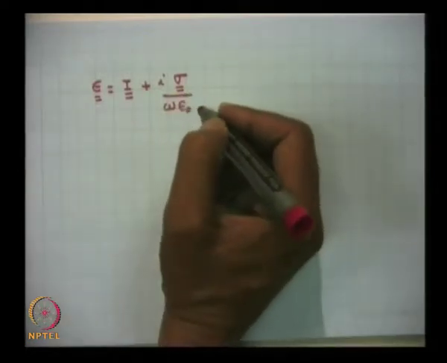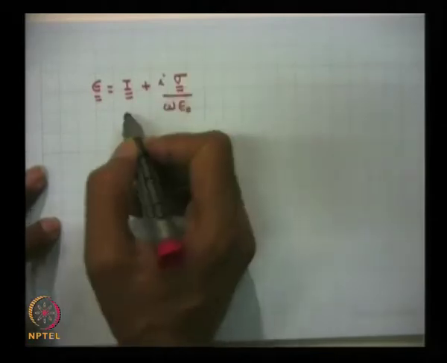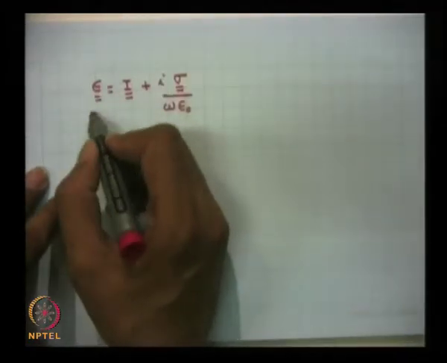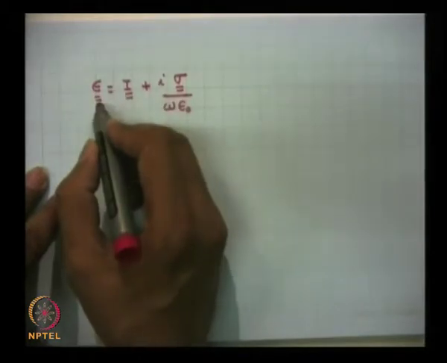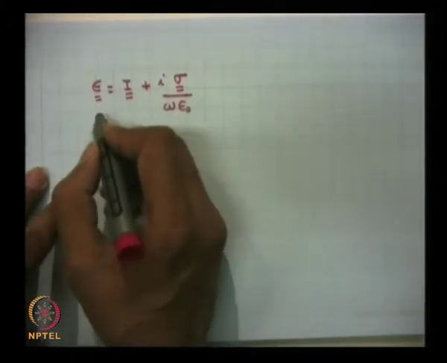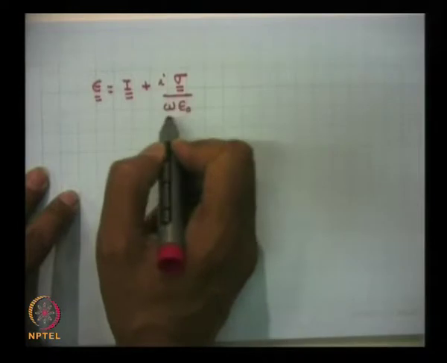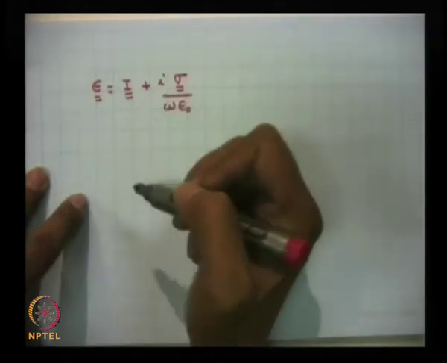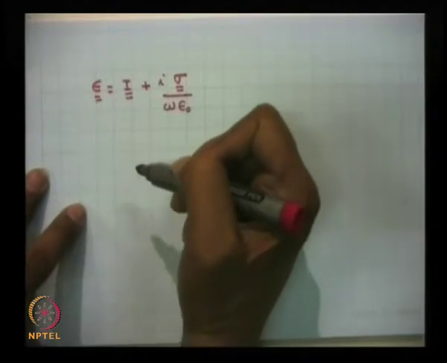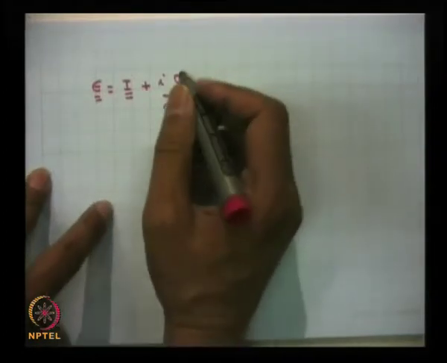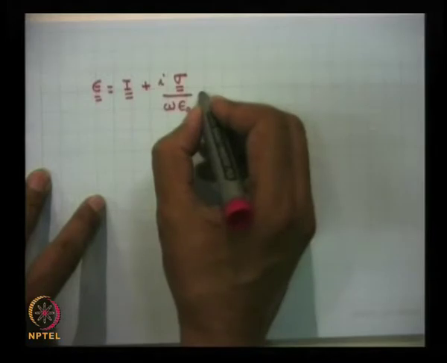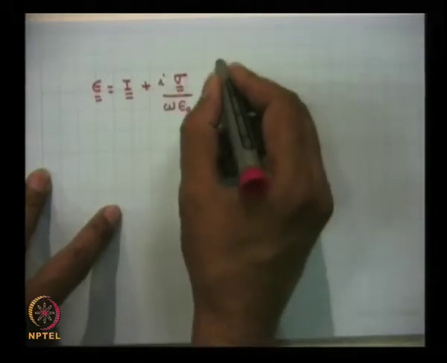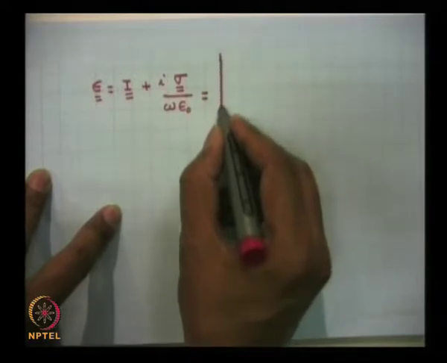Please remember that in an unmagnetized plasma, permittivity is a scalar quantity, and you normally had epsilon equal to 1 plus i sigma upon omega epsilon 0, where sigma was a scalar. So, this is a tensor version of that. And if you put the expressions for sigma and I here, then this takes the following form.